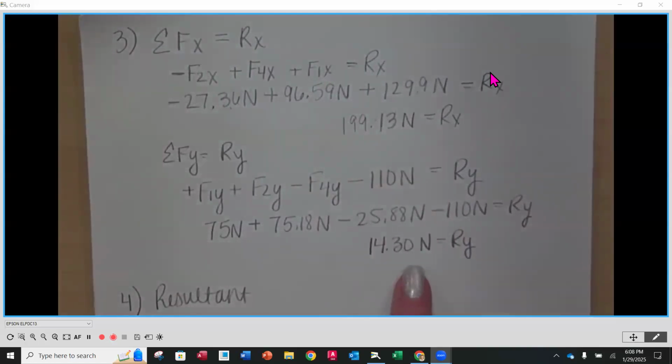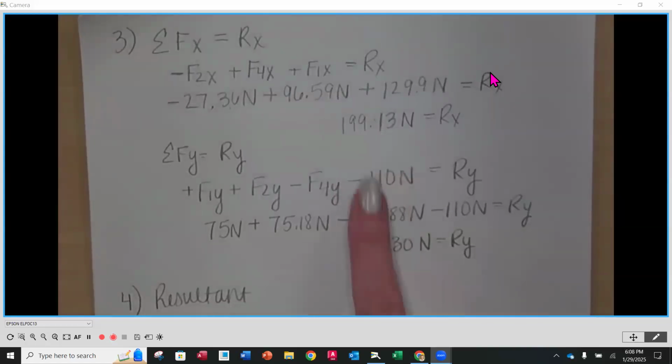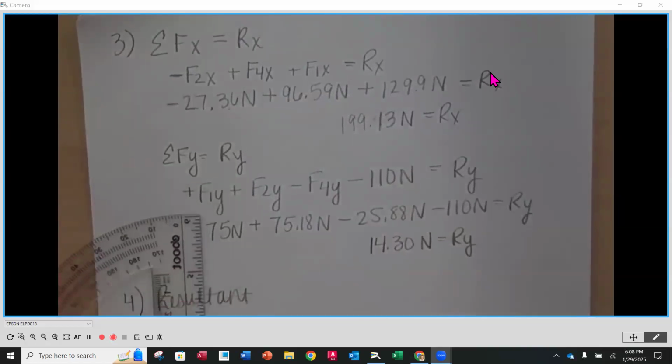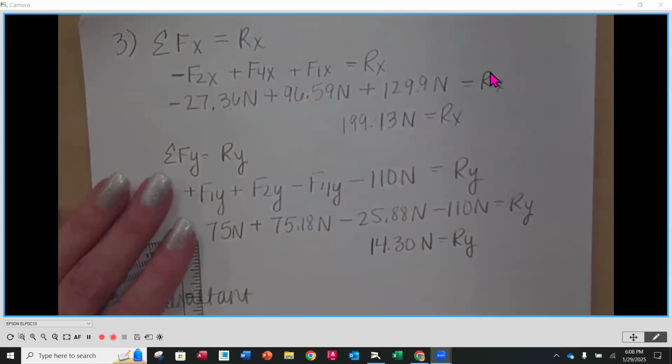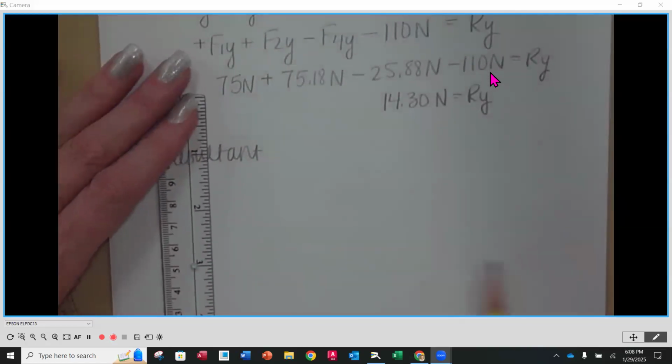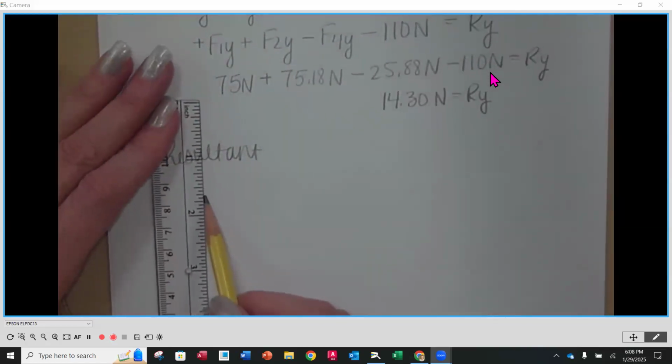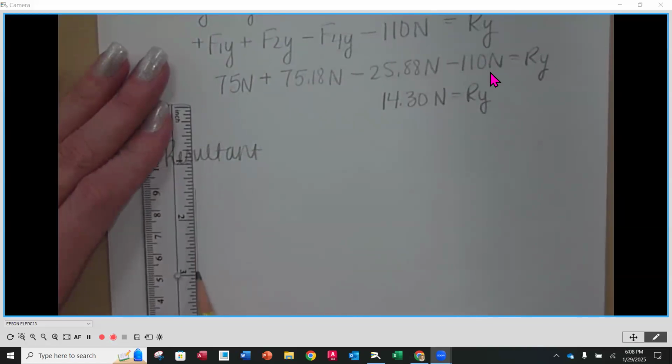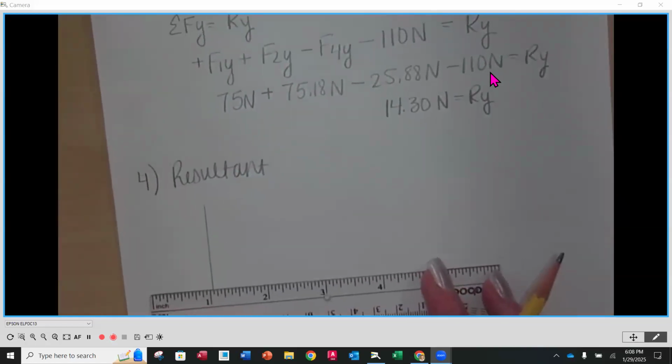Then in the Y direction, pointing up, we're going to have another vector, 14.3 newtons. The X is going to be much longer than the Y, and this would be drawn in the first quadrant because both of our forces are positive. So you are going to draw a probably short little Y-axis and a pretty long X-axis.